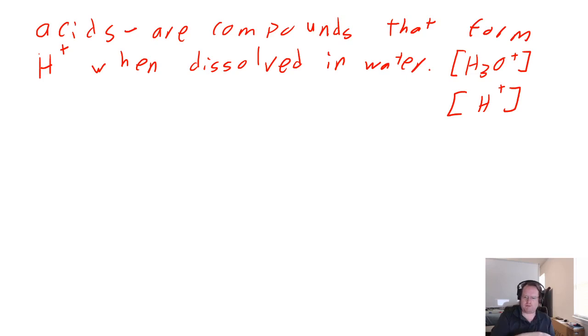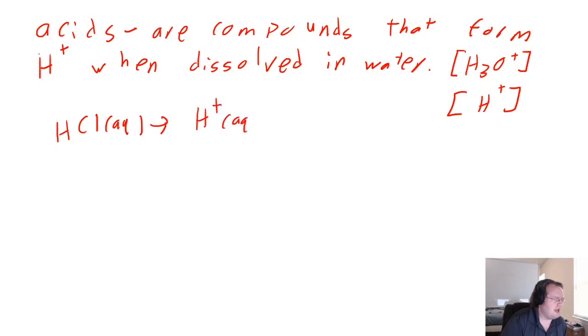We put this thing in water, and we release some H pluses, either as H+ on its own, or that H+ is attached to a water molecule because the H+ doesn't stay on its own. So what does this look like? For example, if I put HCl in water, what actually happens is it breaks apart into H+ and Cl-. We don't have HCl connected together.